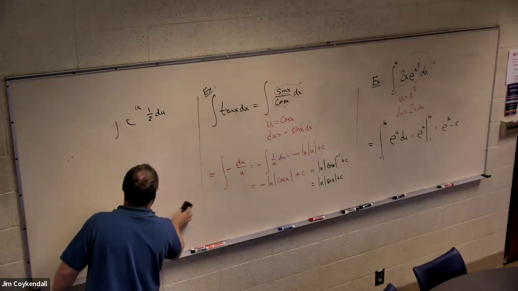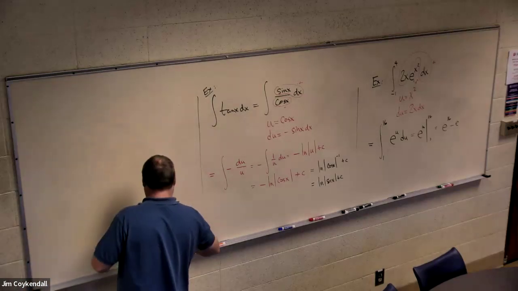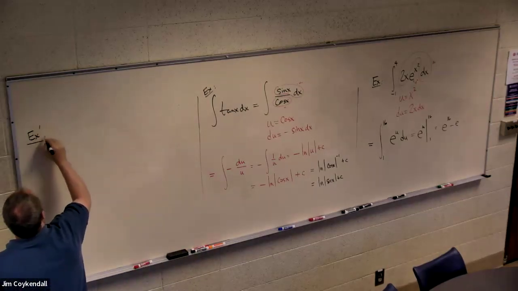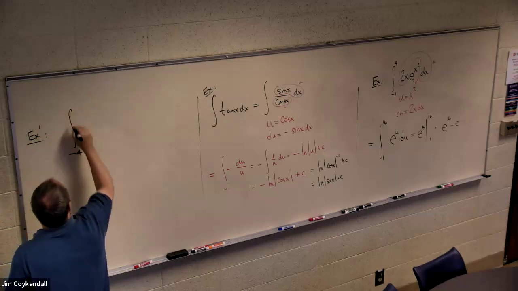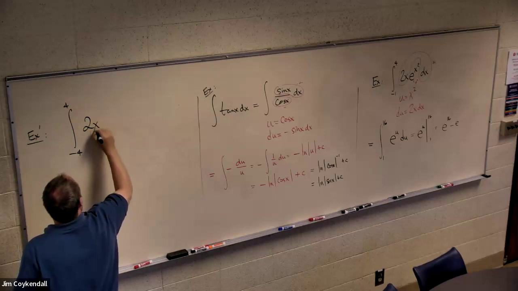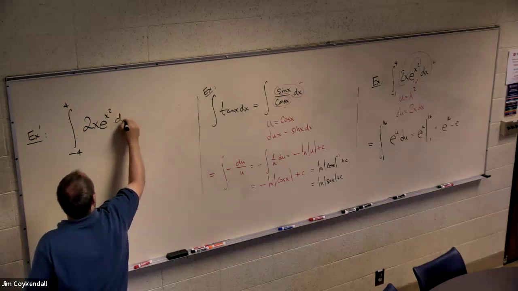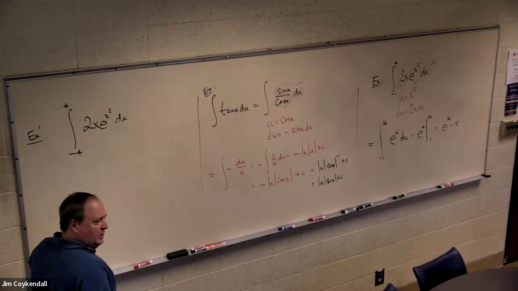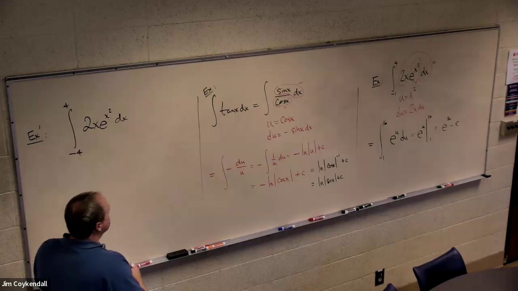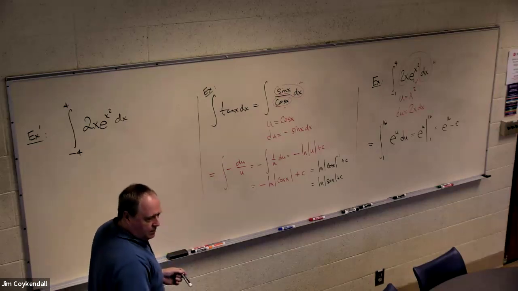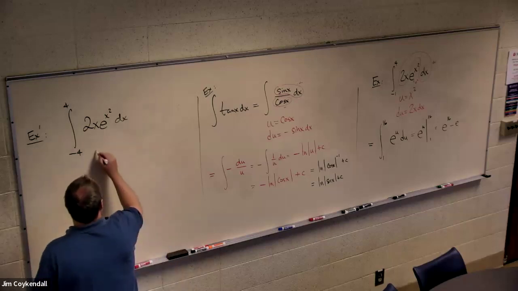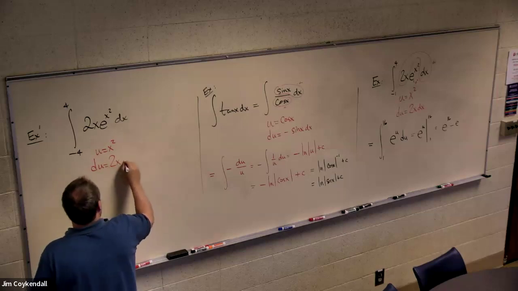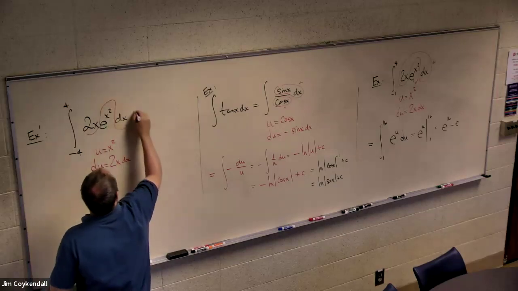This problem, let's do a little twist on this problem here. Take this again. Then I'm going to generalize this. First, we do this. Well, you know, u equals x squared, so again I get the same bit here.